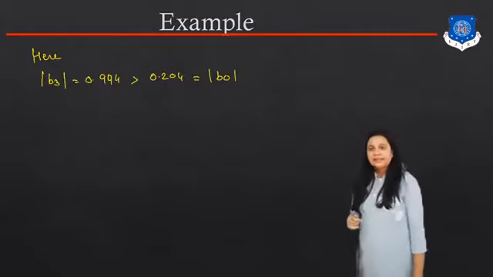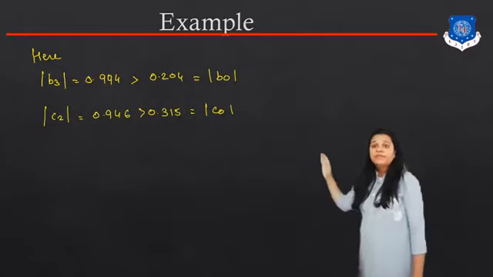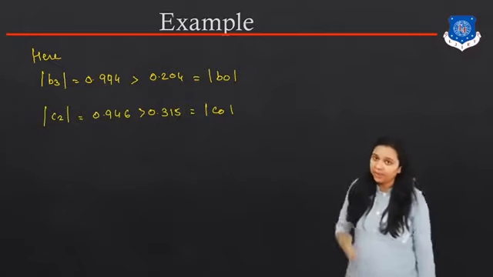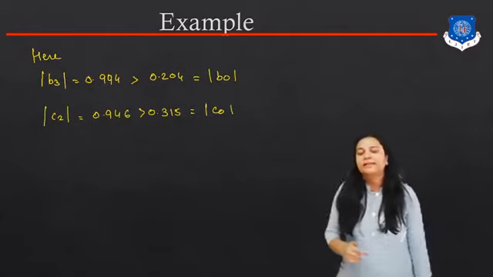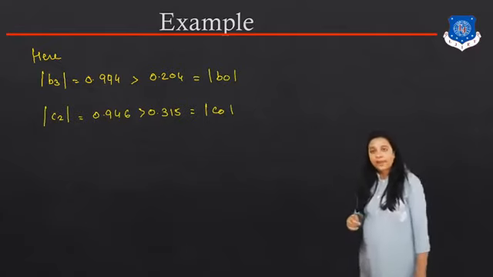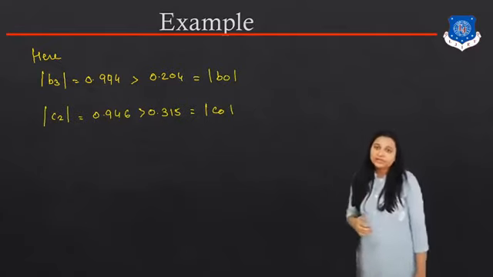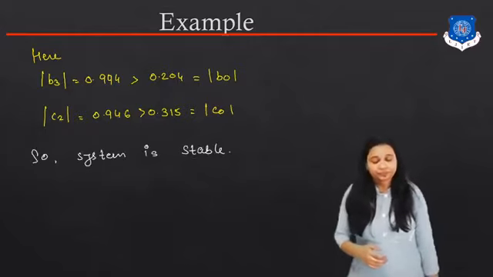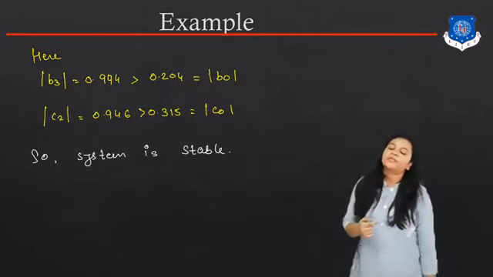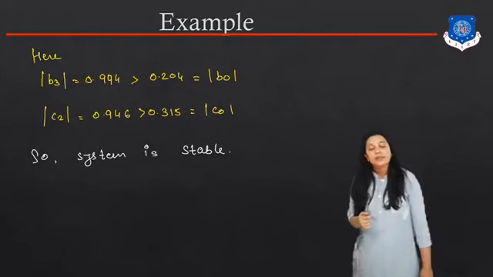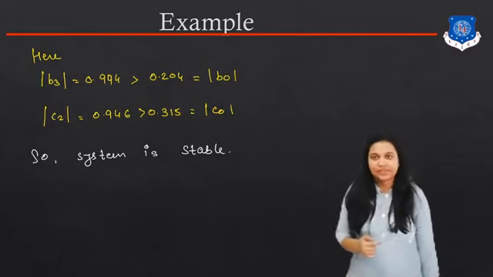So this condition is satisfied. Then |C2| is greater than |C0|. Here 0.946 is greater than 0.315, so this condition is also satisfied. So this characteristic equation represents a stable system.